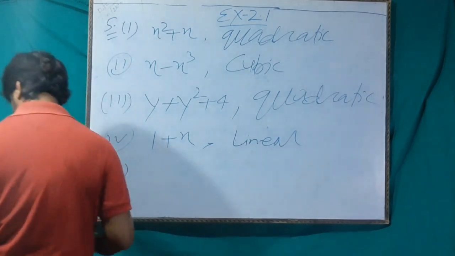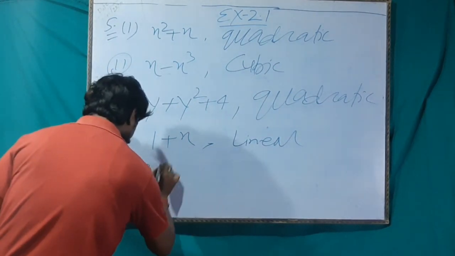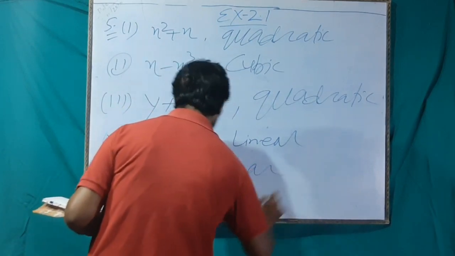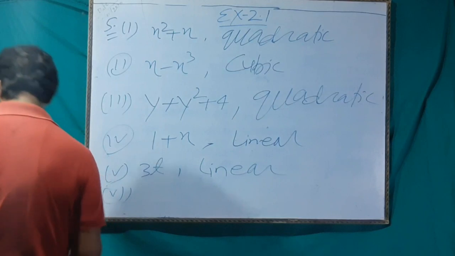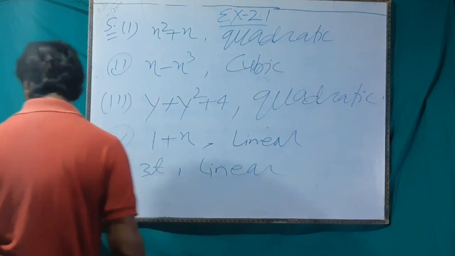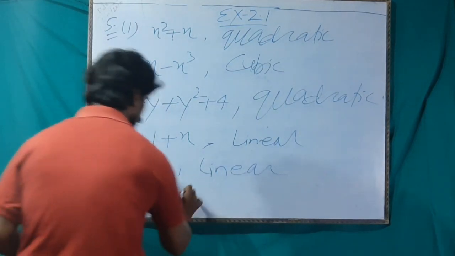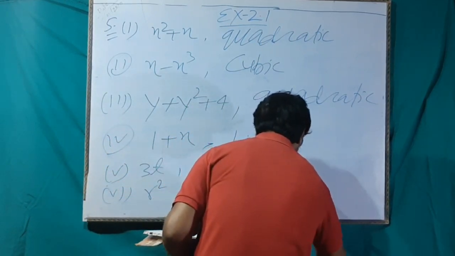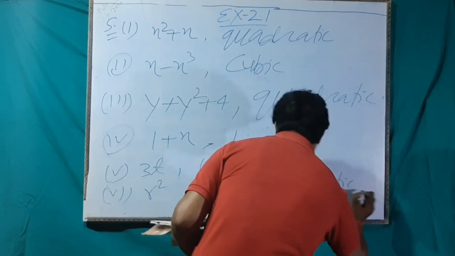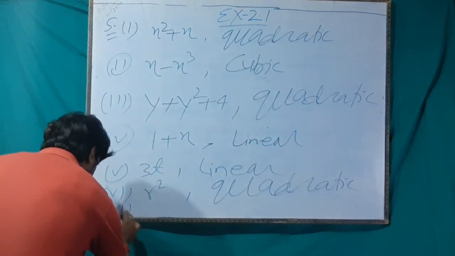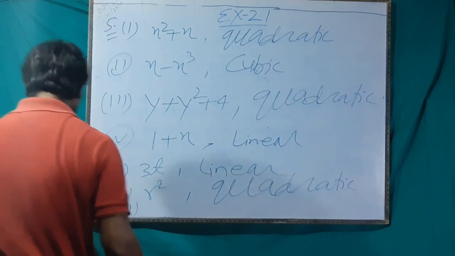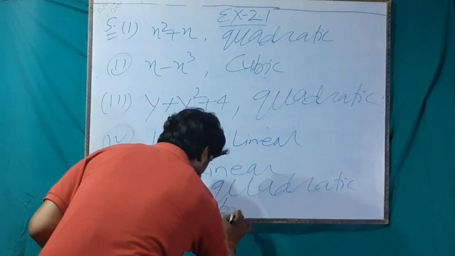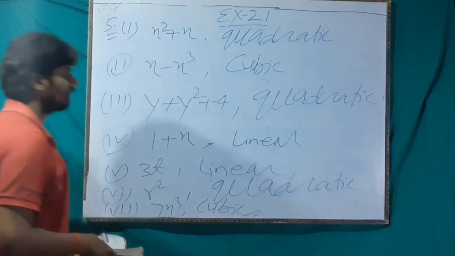Fifth, 3t. Also linear. Sixth, r square. That is quadratic. Seventh, 7x cube. That is cubic. It's our answer.